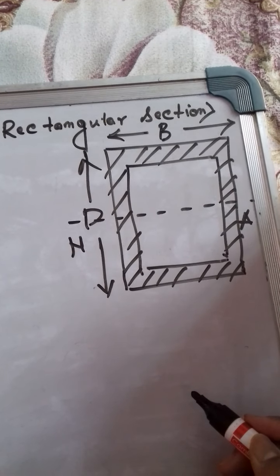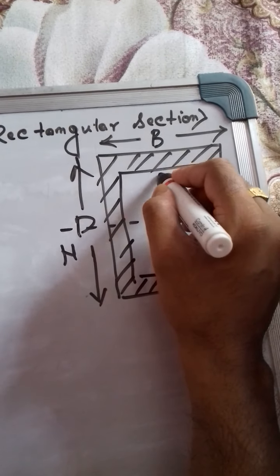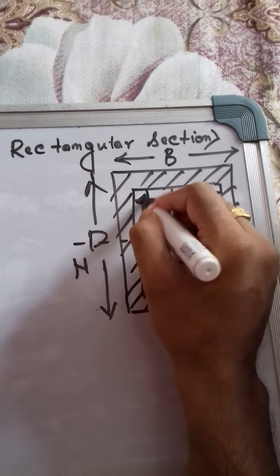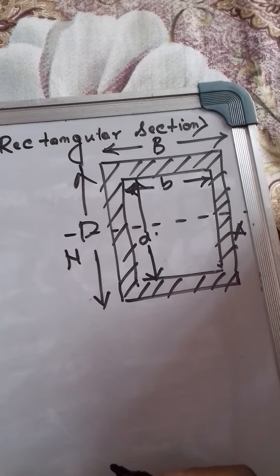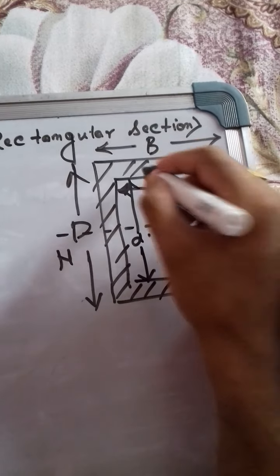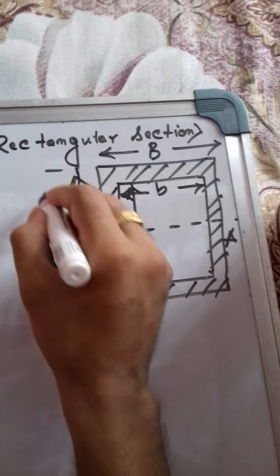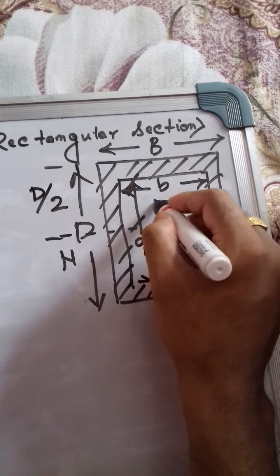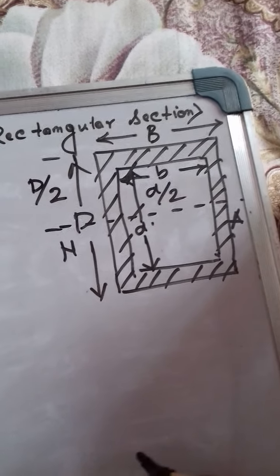The small width is b, and the small depth is equal to d. If this is the neutral axis, then this distance can be considered as D by 2 and this distance as D by 2.